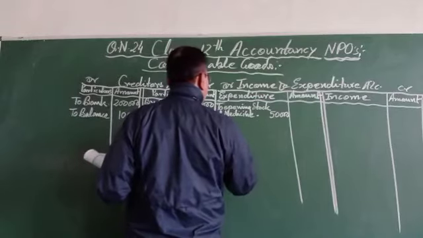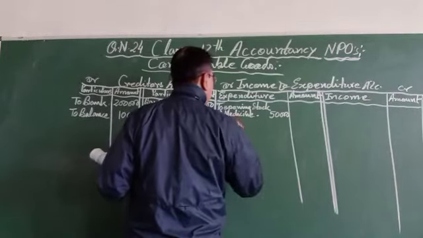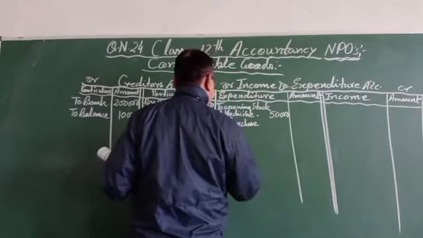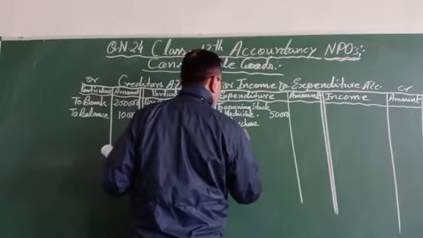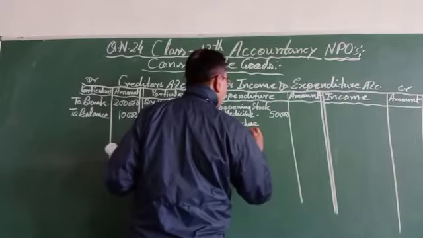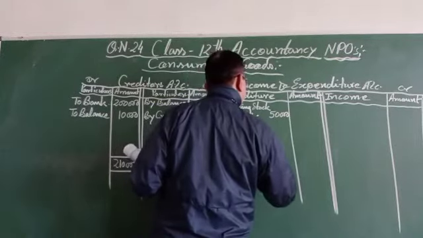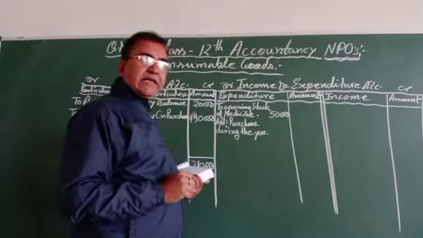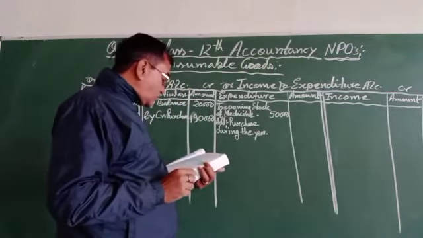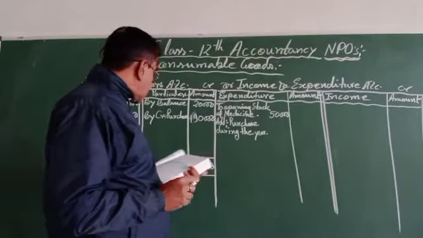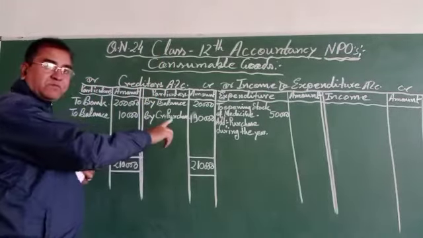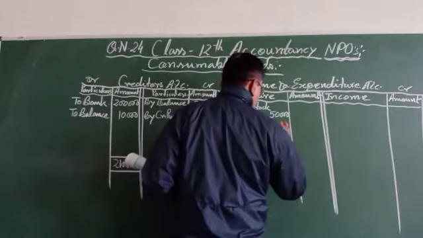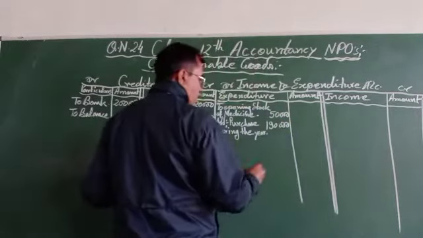Add purchase during the year. Now we can ascertain from here, from the creditors account, 1,90,000.